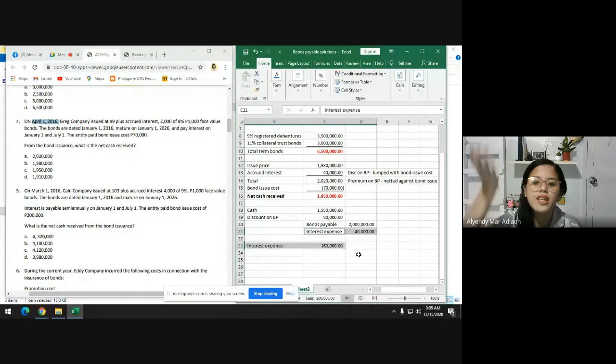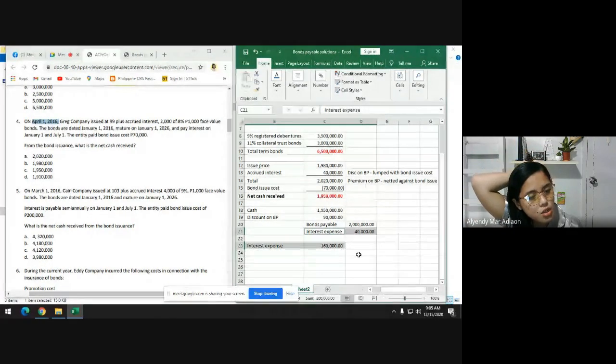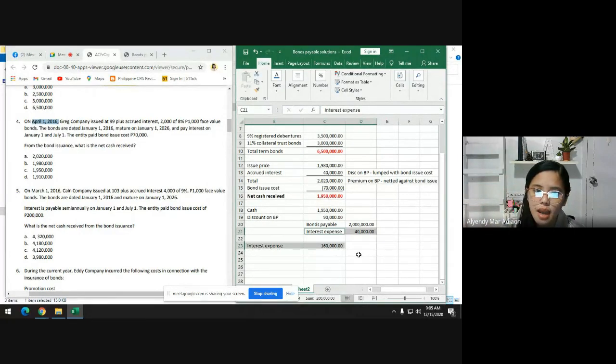Okay? Gibuhat lang ni siya para uniform ang pag-journalize sa interest expense. Dili na siya mag-allocate. Kaya sa kadaghan ba naman ng mga bondholders, lahi-lahi sila og term. So that's why we do this.